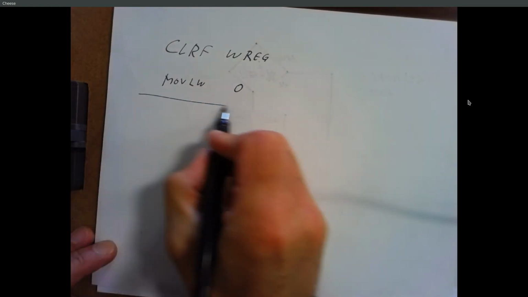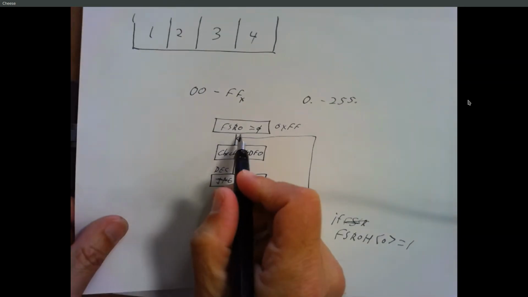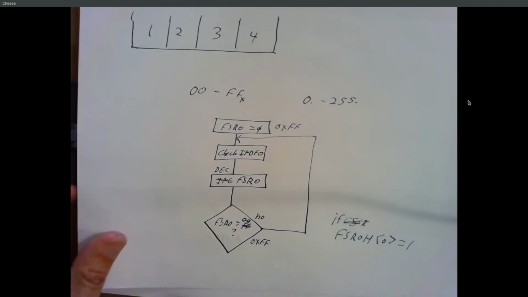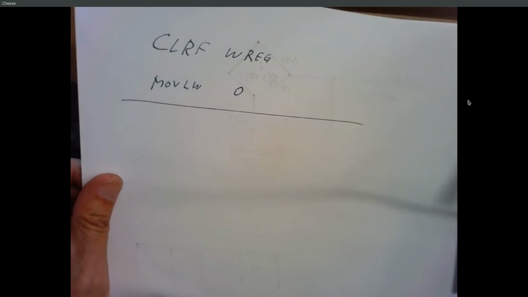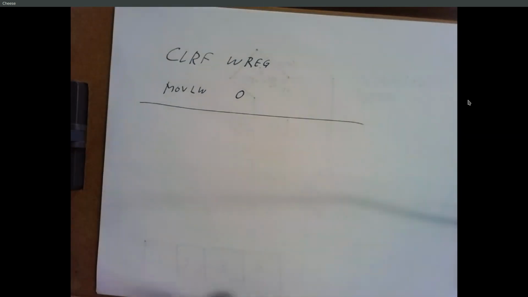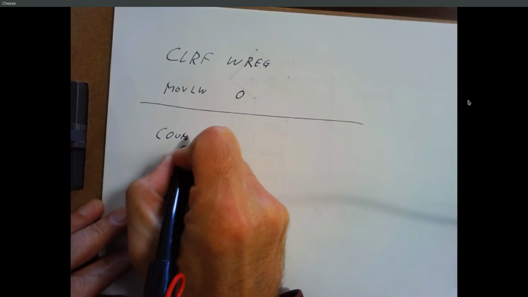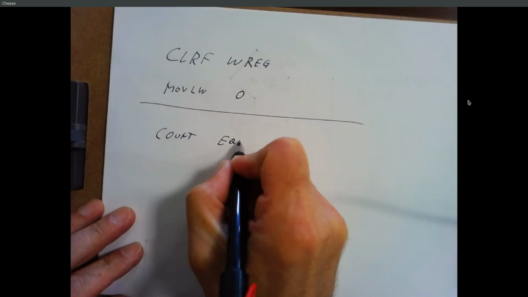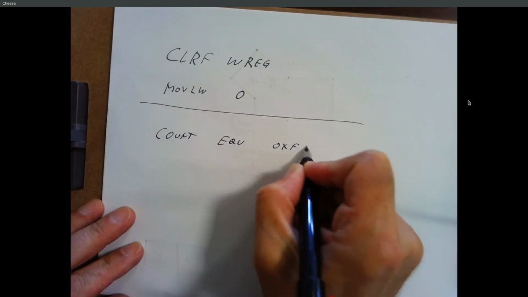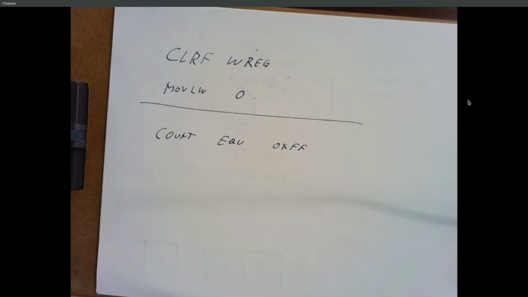All right, the other thing, suppose we want to do something like this. We want to initialize something to be FF, right? Let's say we want to set some variable count equal to FF. So what does this instruction do in our program?